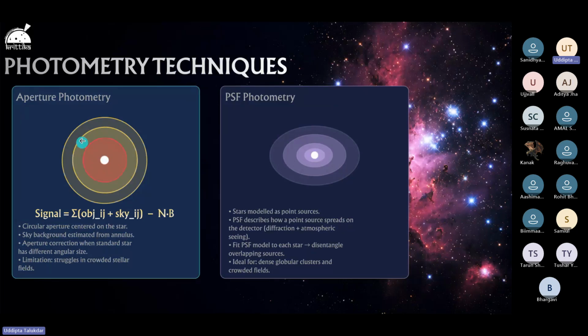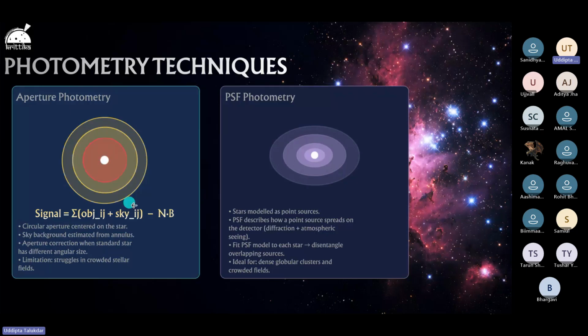And this annulus right here, this ring-like structure, is the region around the star that you are using to estimate the sky background. So the formula here is: this summation right here is the sum of all pixel values inside your aperture, inside this red circle.